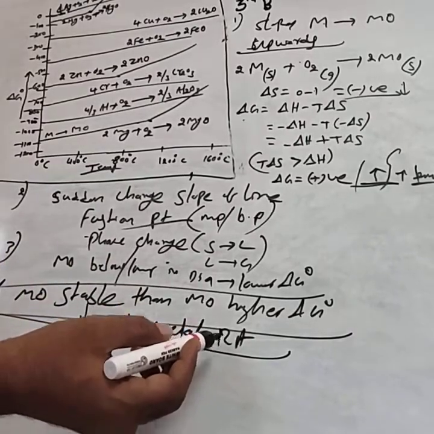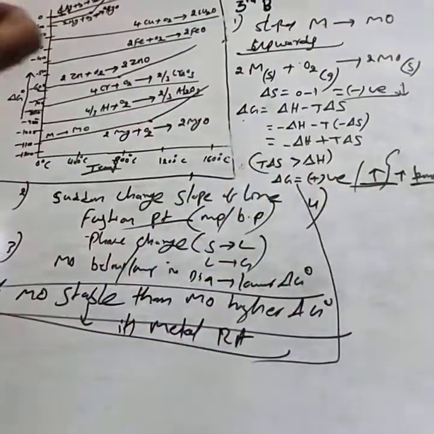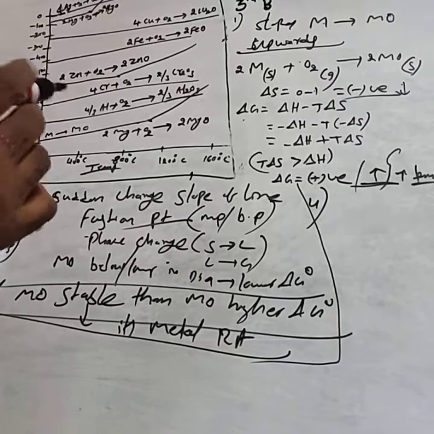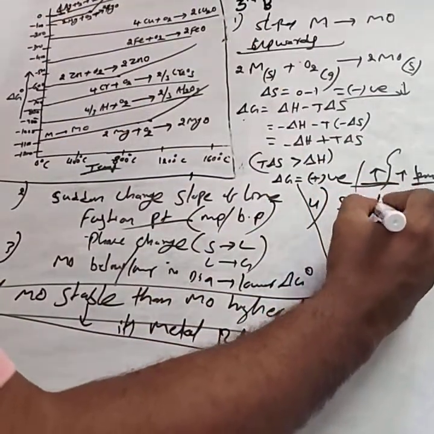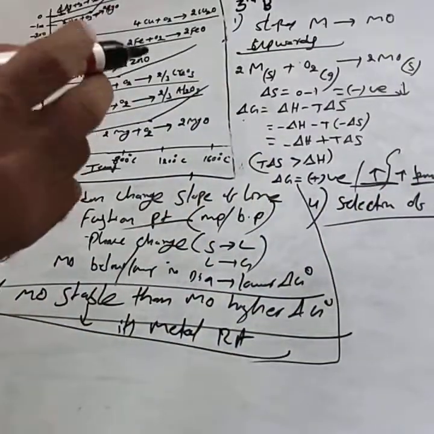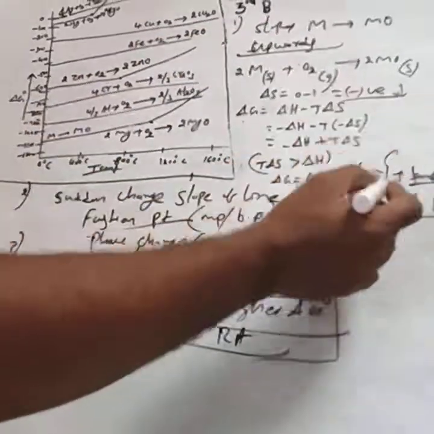This is the third important point. Next, the fourth one is, this Ellingham diagram gives the information about the selection of reducing agent.